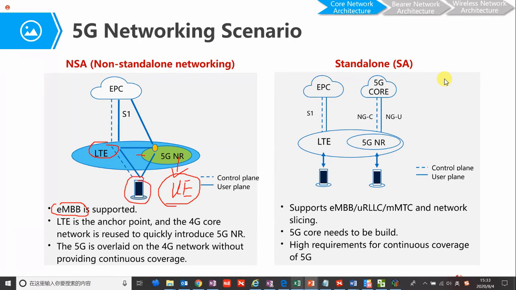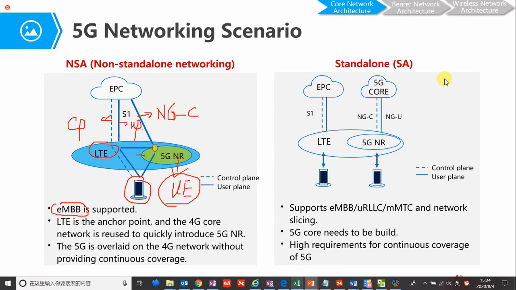And we can see here, I have set the EPC and the LTE control plane, CP. And why is there also a user plane here? I have said all the user plane goes through EPC to the 5G NR.